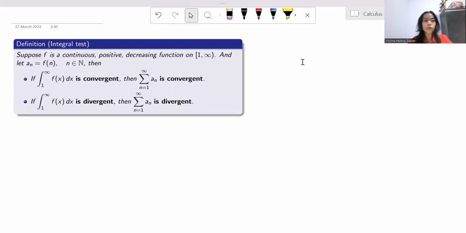And as usual, I'm going to explain about mathematical problems in calculus. And now I'm going to explain about the convergence test for series. Okay, the first test that I'm going to explain is the integral test. So we have this problem.